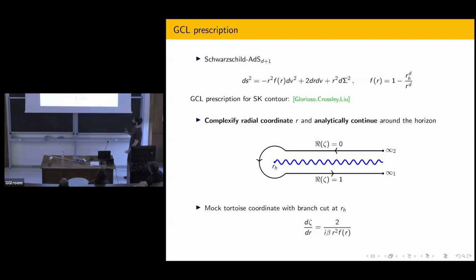A thing to note here is that, although this picture looks like the Schwinger-Keldysh complex time picture that I showed before, this is at a fixed time. This is the radial evolution. So the 2 points at the boundaries are fixed time points of the Schwinger-Keldysh contour.